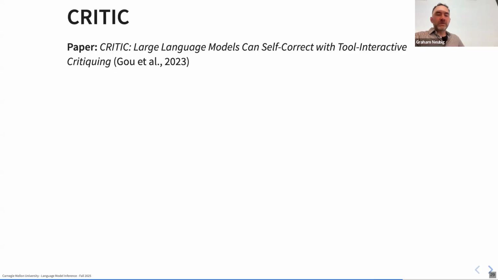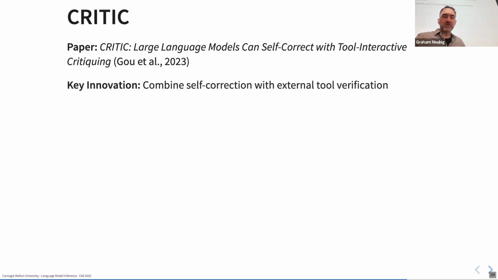So this is another paper where essentially, instead of having a fixed code execution pipeline like we had in the self-debug paper, we have a pipeline where the critic itself is allowed to use tools.